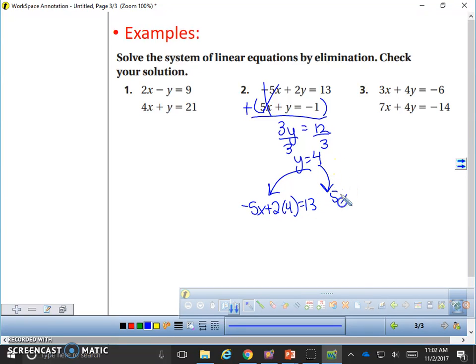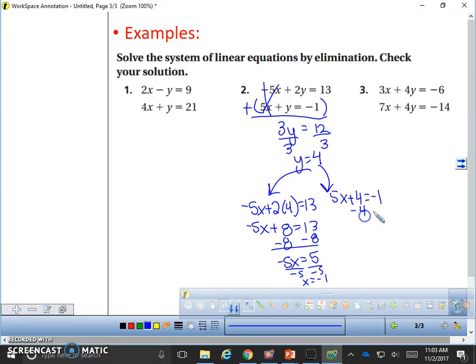Second one, 5x plus 4 equals negative 1. Negative 5x plus 8 equals 13. Take away 8, take away 8. Negative 5x equals 5. Divide by negative 5, x equals negative 1.